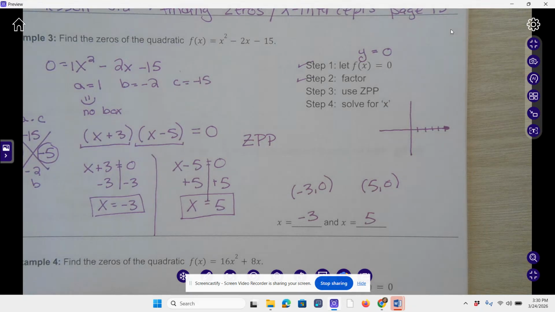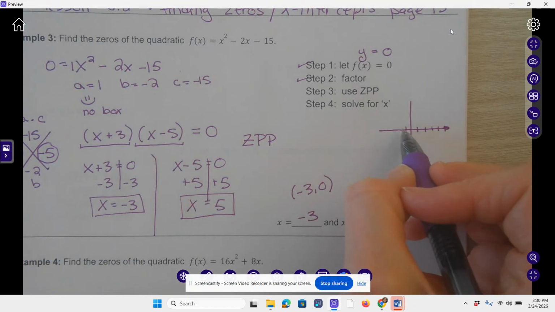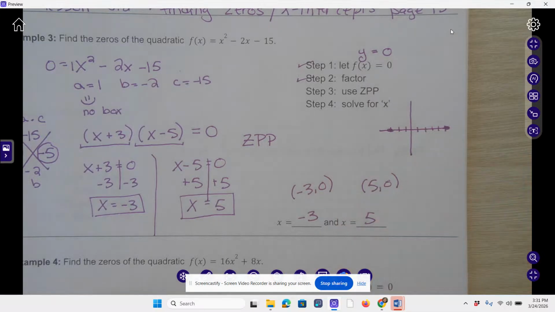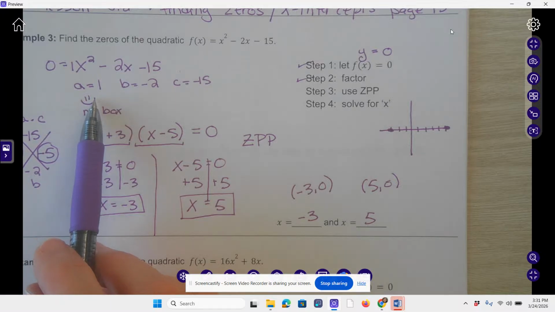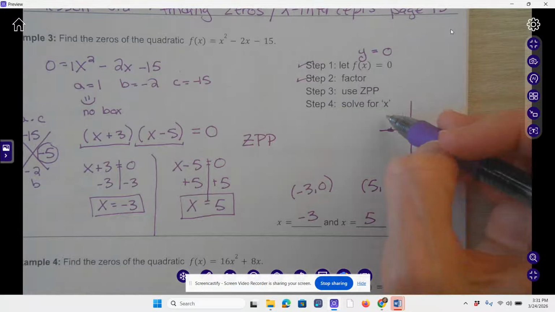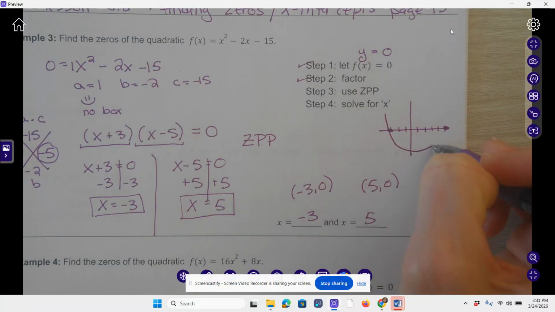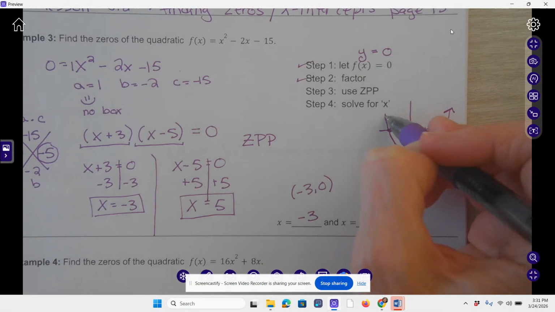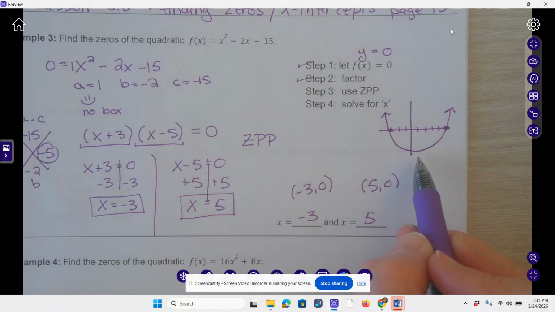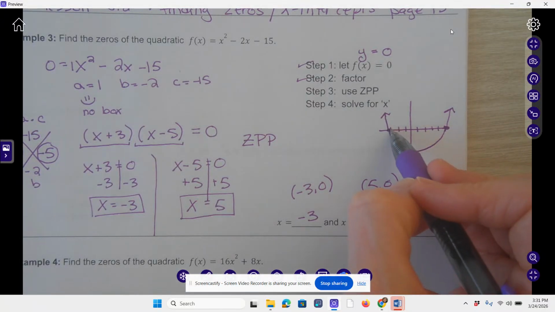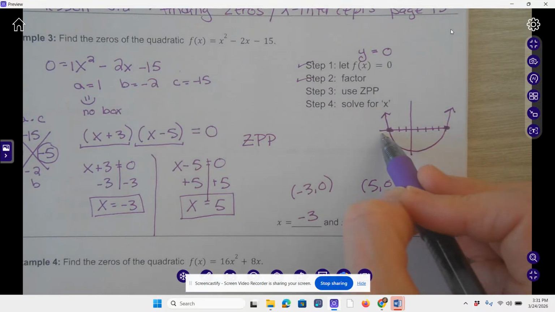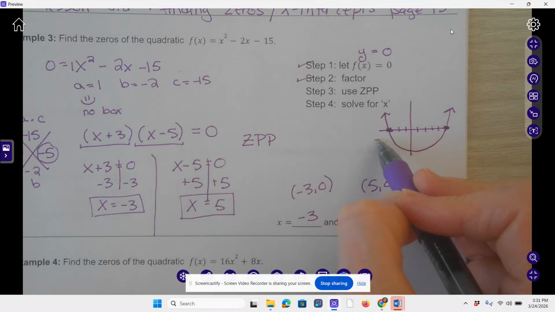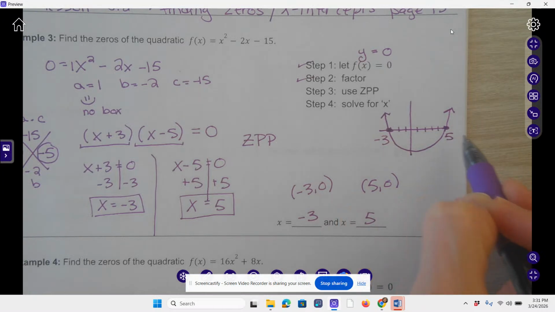Put a point at +5 and put a point at -3. Our a is 1. I put a smiley under there, which is good, because if your a is positive, that means you have an upward facing parabola. So this is really rough because we don't know where the vertex is, but we know that our parabola is upward facing and intersects the x-axis at -3 and 5.